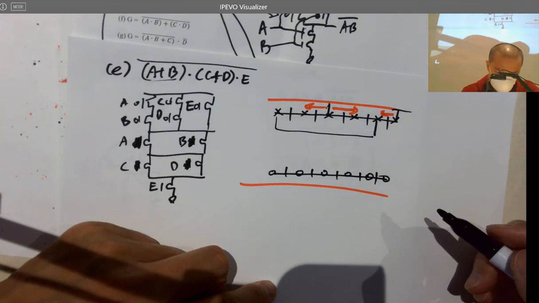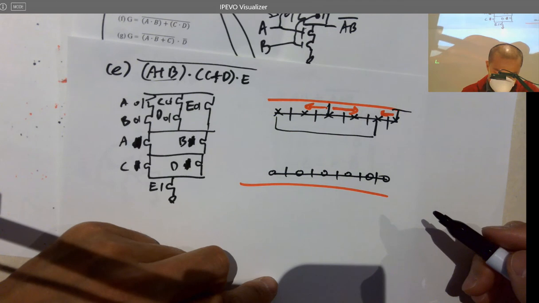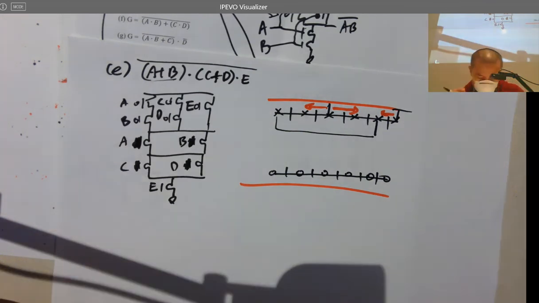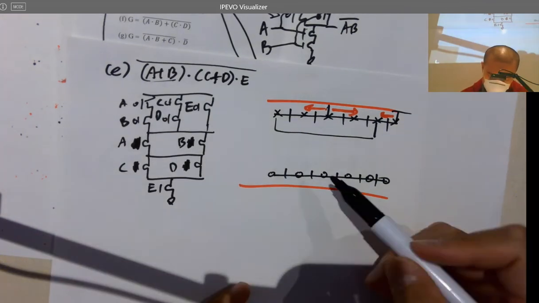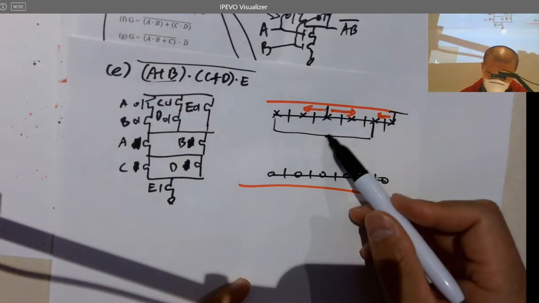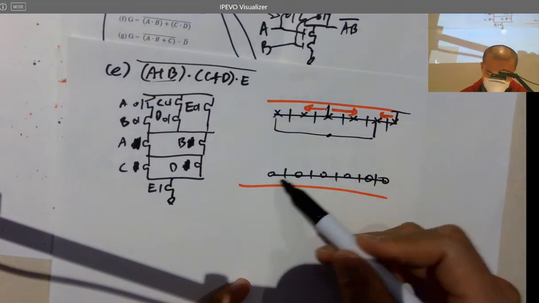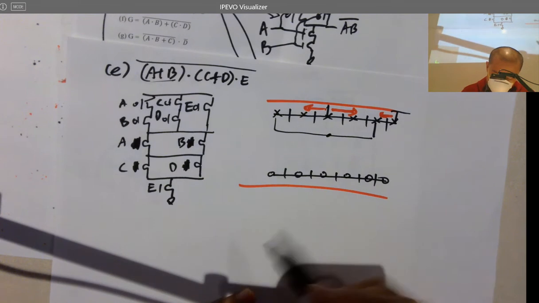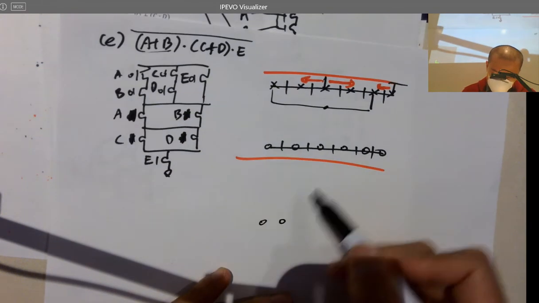Two in parallel, and 1. How to do that? So here's the output, right? You want to connect this one to somewhere, but we can do this one first. So I'm going to draw here first instead of messing up this circuit.